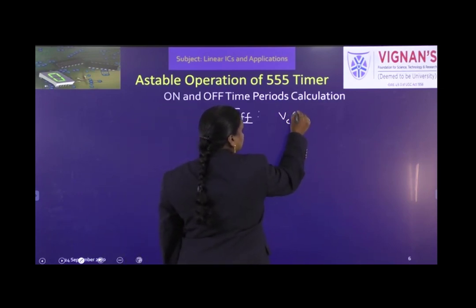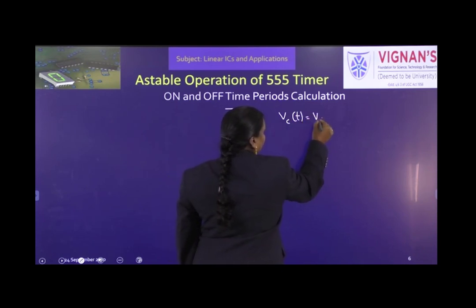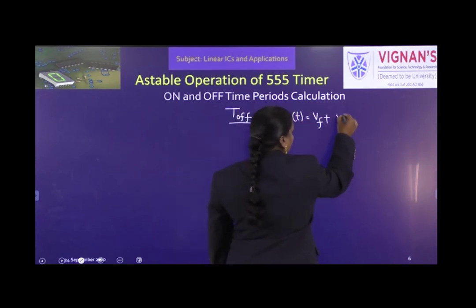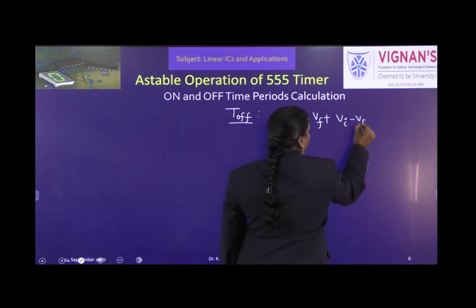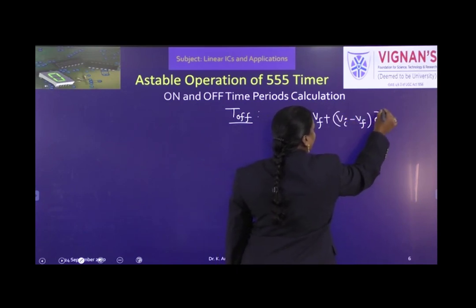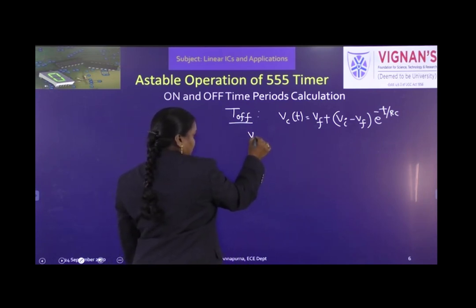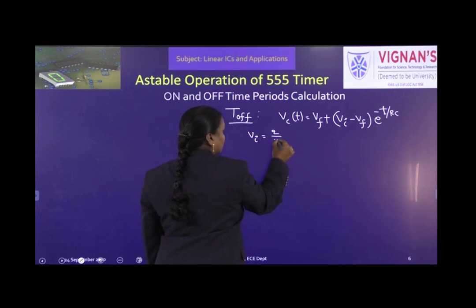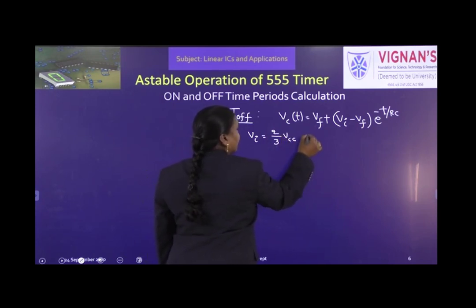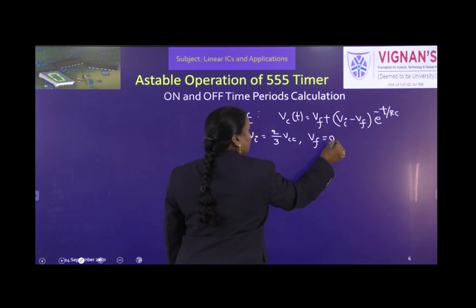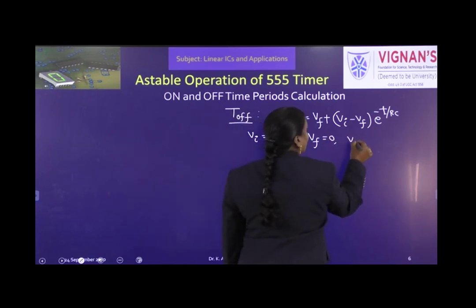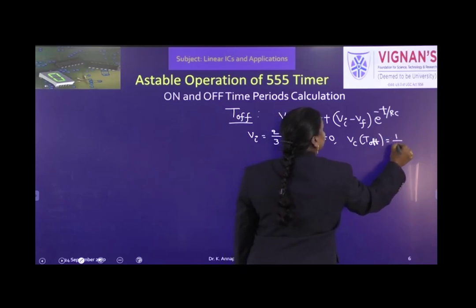So here also VC of T is equal to V final plus V initial minus V final into e power minus T by RC. Right? And here V initial is, it starts discharging from 2/3 VCC and its final target is 0. But at T equal to T off, its value is 1/3 VCC.